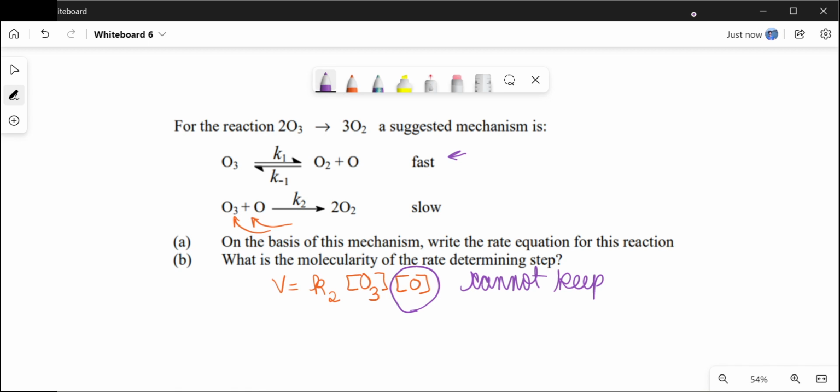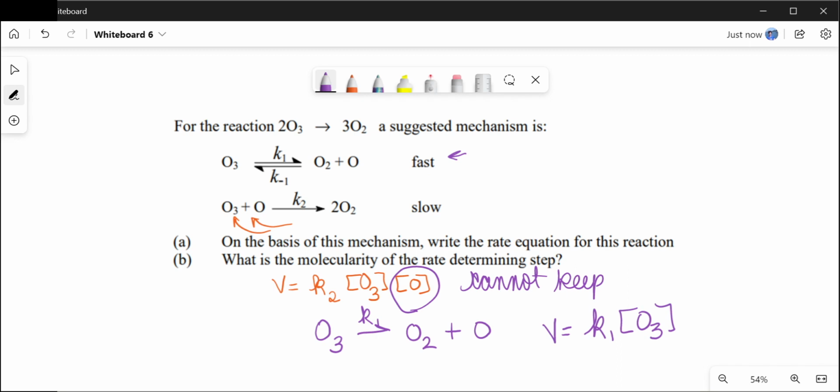First, the reaction that's going on: the first one that involves O has a rate constant of K1. When I write the rate law for that one, it'll be K1 times my starting material, which is O3, and I'm done with that one.